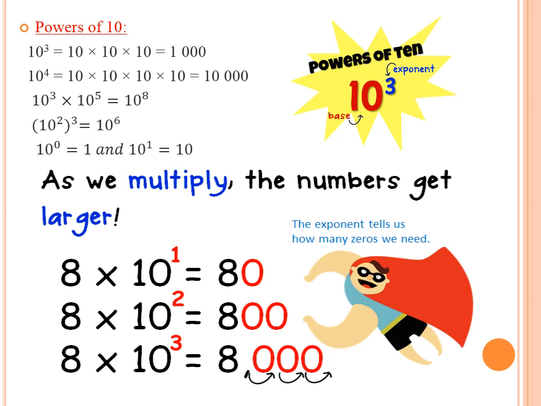Then 8 times 10 equals 80. 8 times 10 to the power 2 is 8 times 10 times 10, 8 times 100, which is 800. For simplicity, look at the power here: 2. Then we have to write 2 zeros next to the number. Okay? 8 times 10 to the power 3, we write 8 and then 3 zeros.